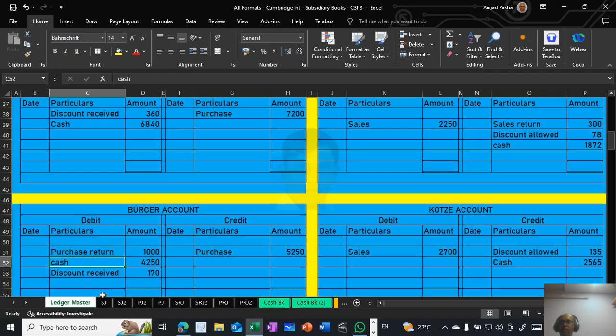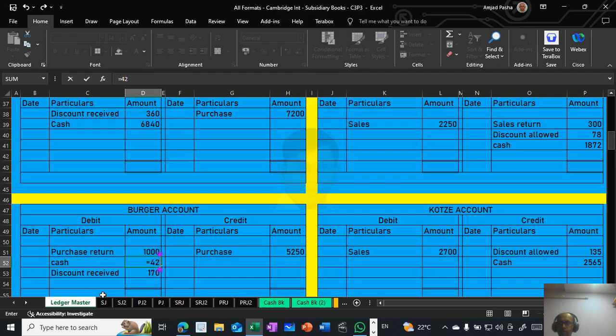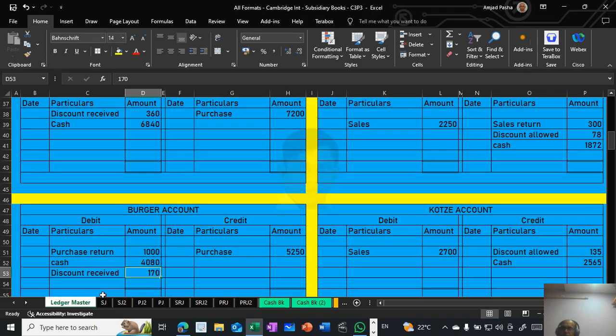So cash we have paid. So this is the amount of cash we have paid to Burger.